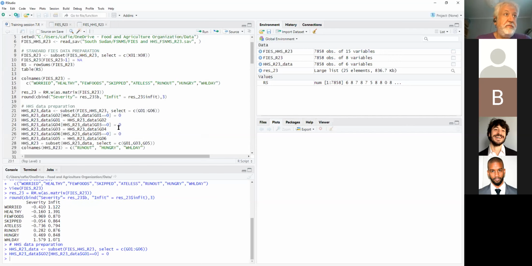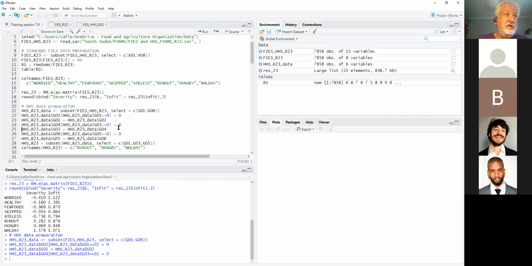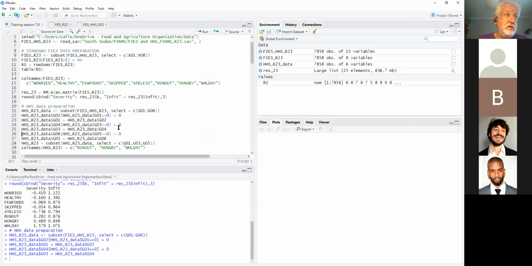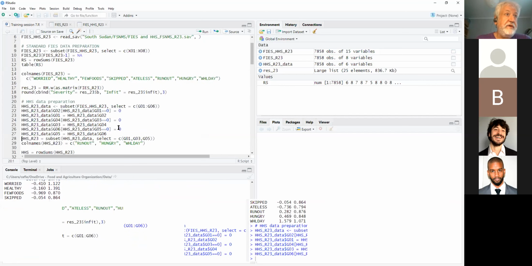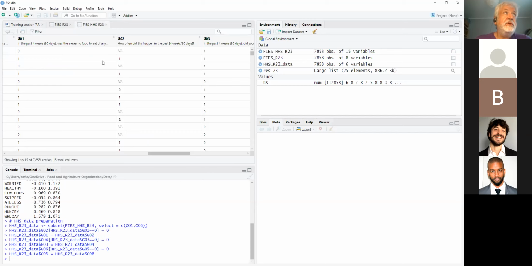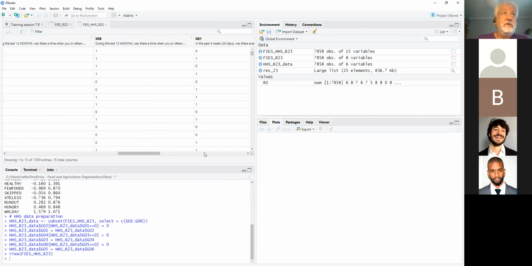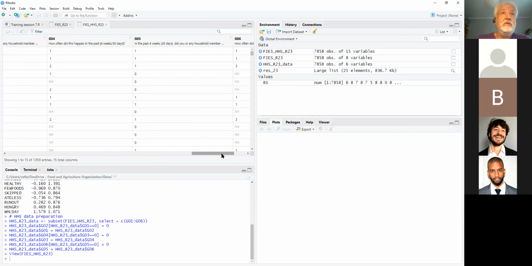And I do the same for G03 and G04, and G05 and G06. And then I just preserve the 3 new compiled variables.